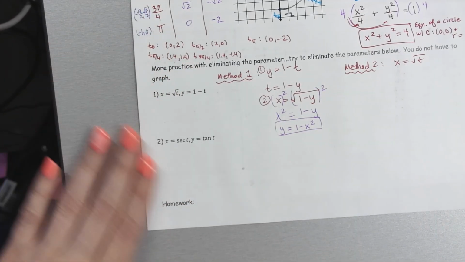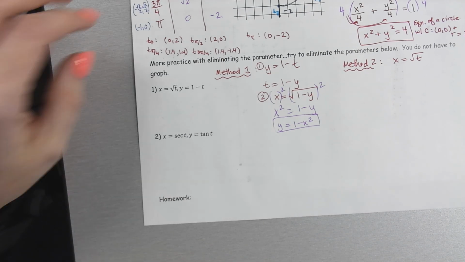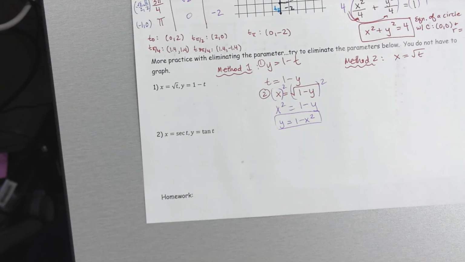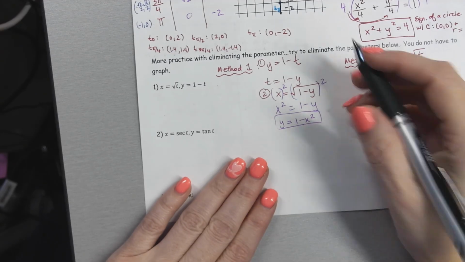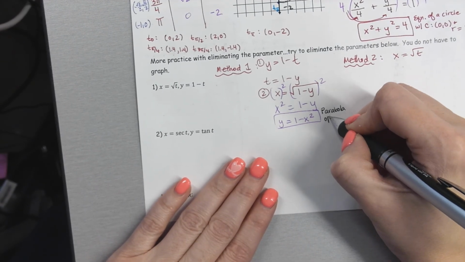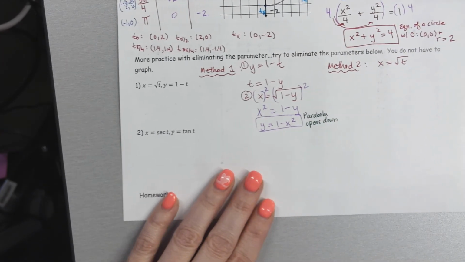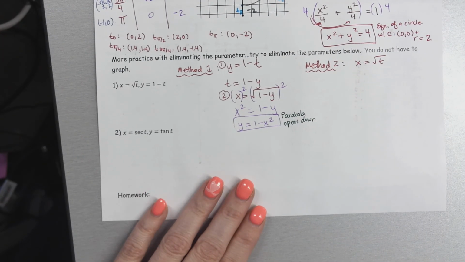You can leave it like that, or you can write the x squared first. Because you have x squared, this is a parabola, and which way does this open? Yeah, because you have the x squared instead of the y squared this time.